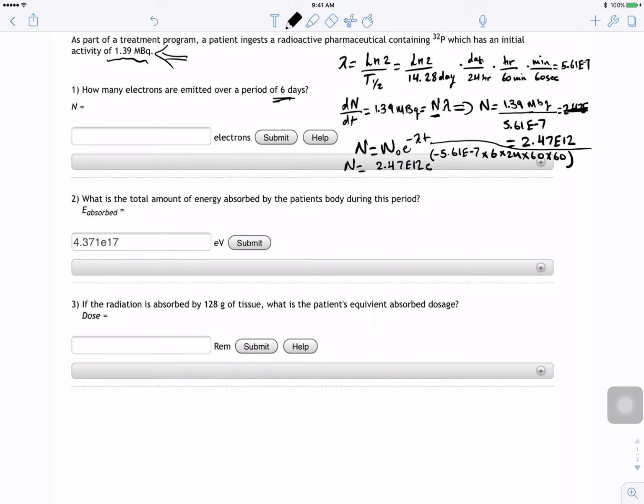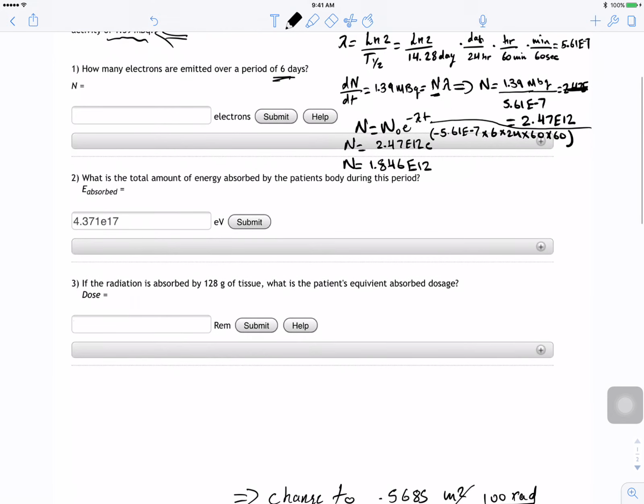So N was equal to 1.846 e to the 12 particles.